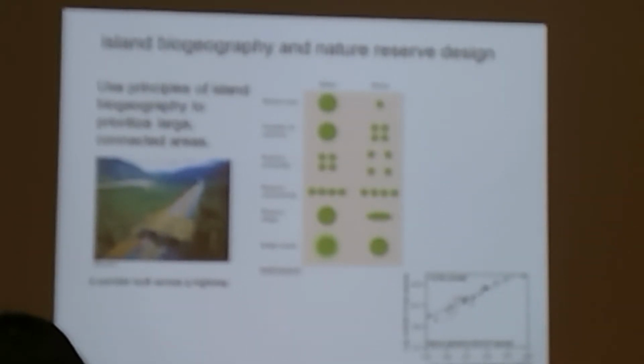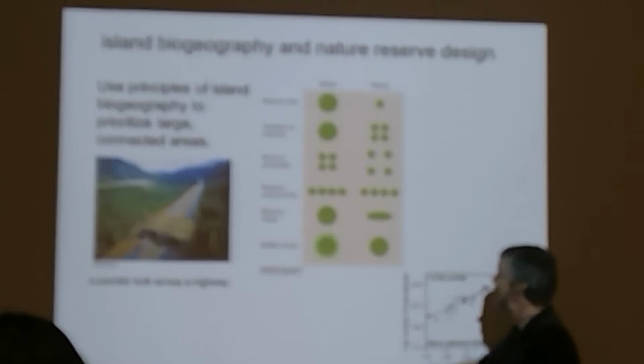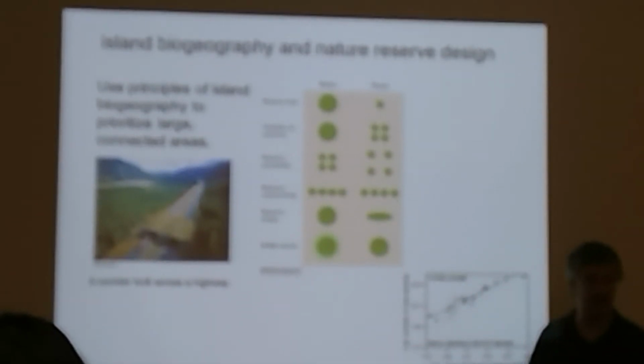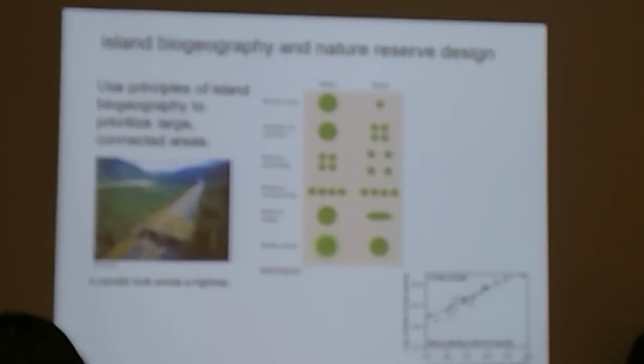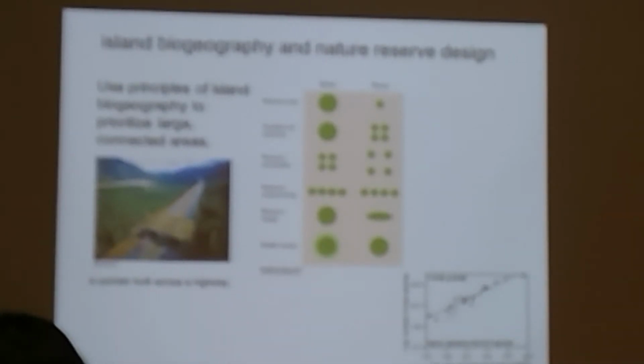The third principle, which derives very clearly from the theory of island biogeography, is that if you're stuck with 4 small reserves, each of 25 acres in size, it's better to have them close together than further apart. And this relates back to the importance of the relationship between isolation and immigration rates.